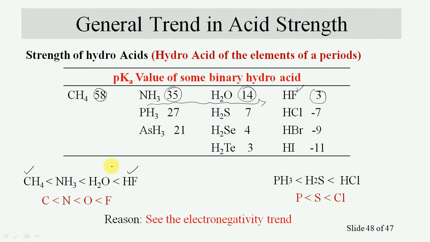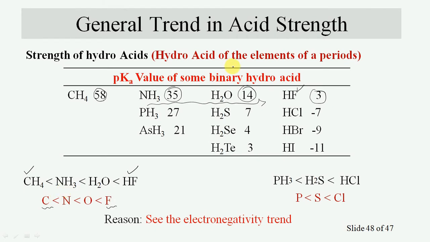This trend can be easily explained on the basis of electronegativity. As we move from carbon to fluorine, the electronegativity of these elements increases in this order. Fluorine has the maximum electronegativity, and carbon has the least electronegativity.